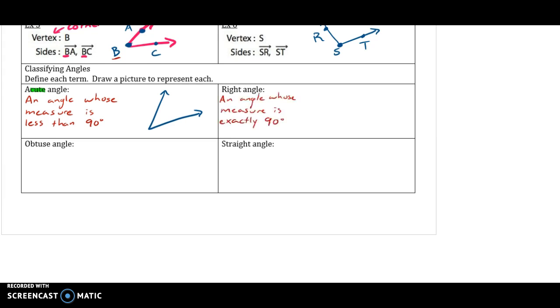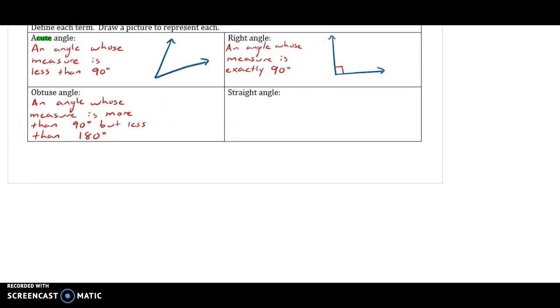A right angle is an angle whose measure is exactly 90 degrees. And that's usually denoted by a little box in the corner. An obtuse angle is an angle whose measure is more than 90, but less than 180.